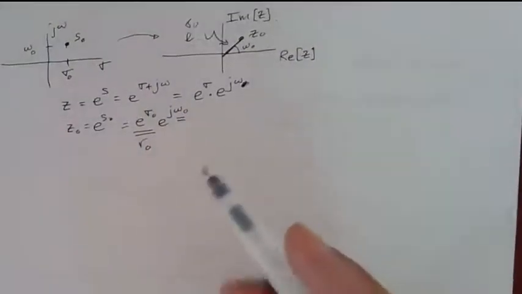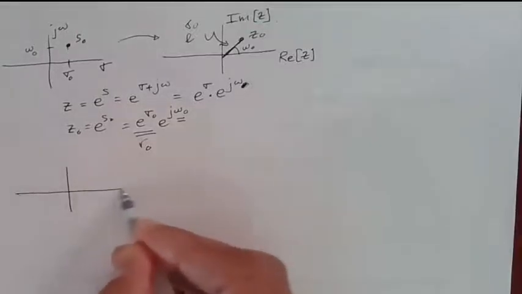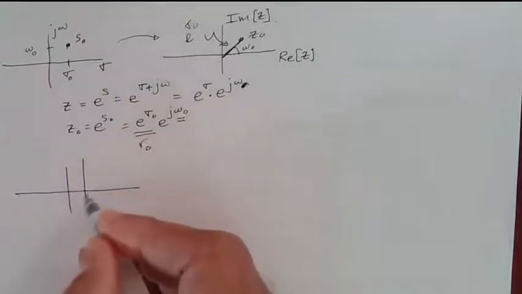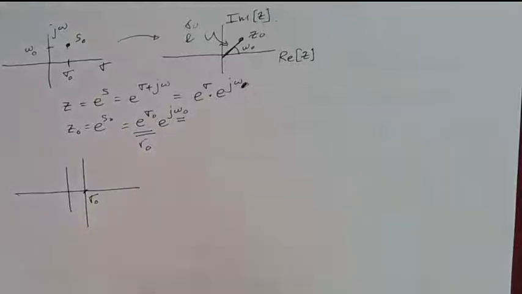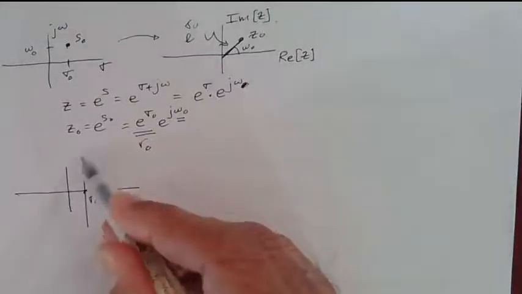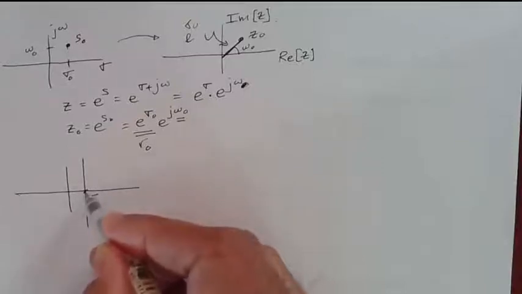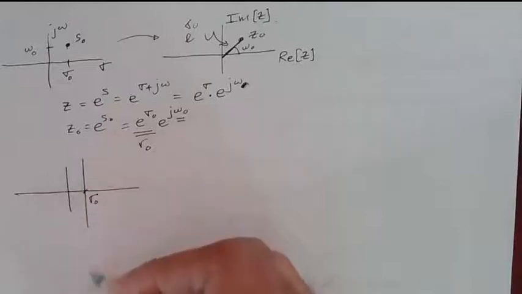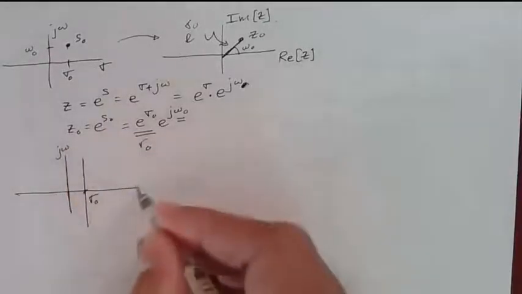Now notice what happens. If I have a line in the S-plane, and let's suppose this value is sigma 0, all the points along here have a real part sigma 0, and the imaginary part is omega, and omega can change all over the place. So this is the j omega axis, and here is the sigma axis.